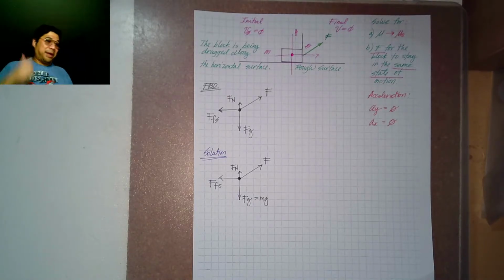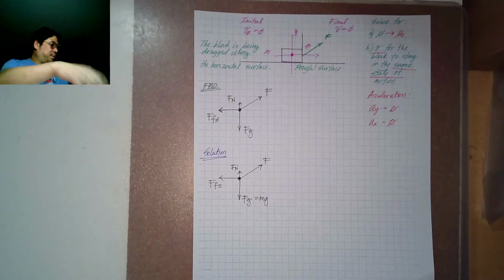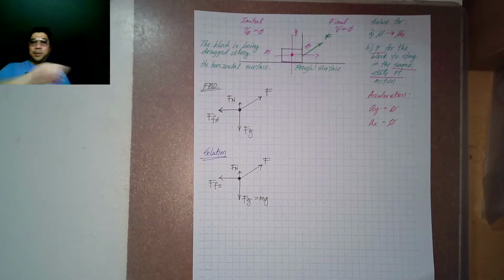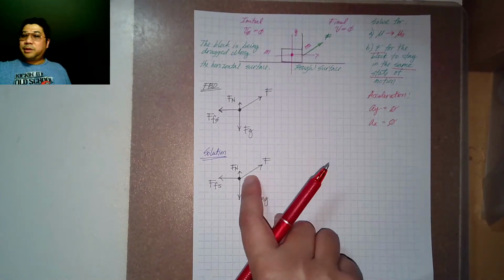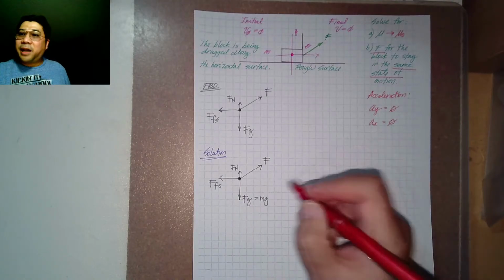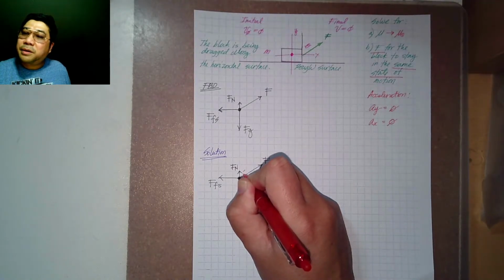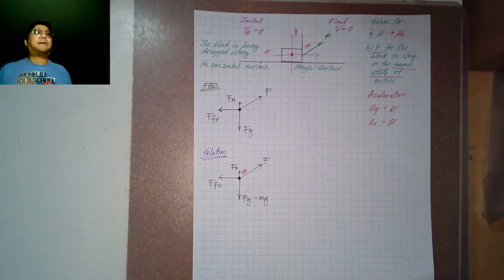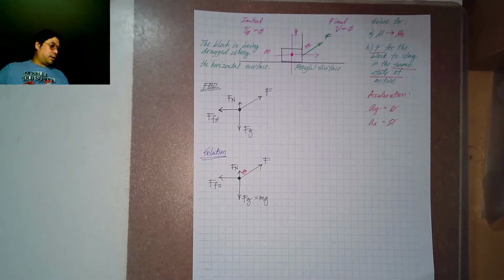Now, where is the angle? Where did we measure the angle earlier? Earlier, the angle was measured here, but this time the angle is measured over here. So it's measured along the x-axis.